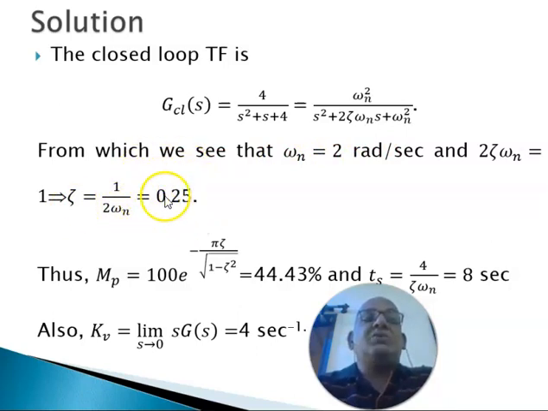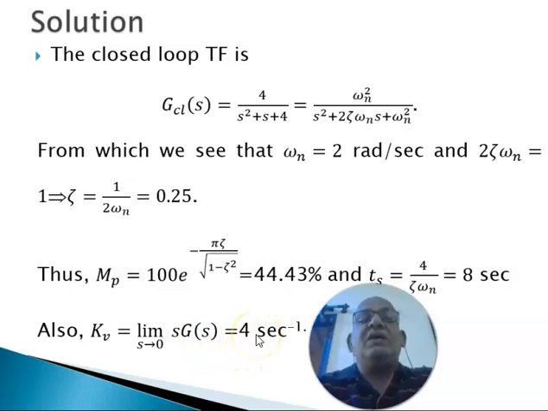Knowing the damping ratio is 0.25, you can compute the peak overshoot. Percentage peak overshoot is 44.13, and you can compute the settling time. Settling time happens to be 4 over zeta omega n, which is 8 seconds. And we know the velocity error constant is limit s tends to 0 of sG(s), which is 4.